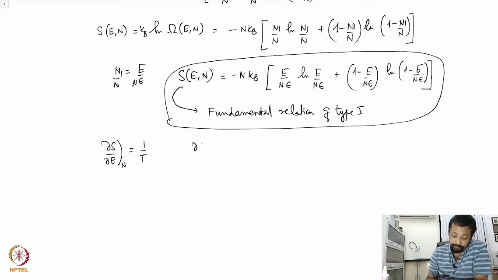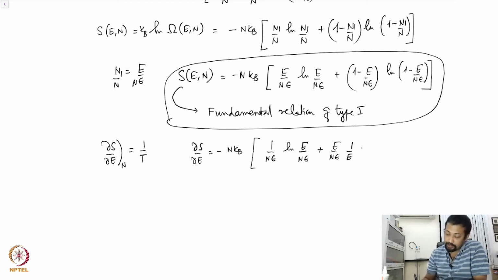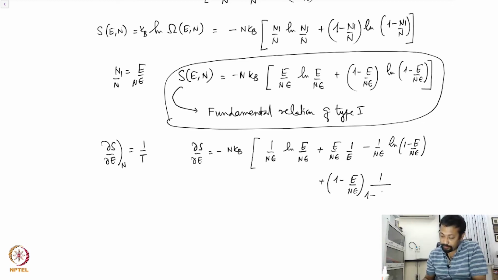So if we calculate the derivative, del S del E is going to be minus N kB [1 over N epsilon ln E over N epsilon plus E over N epsilon times 1 over E, plus minus 1 over N epsilon ln (1 minus E over N epsilon) plus (1 minus E over N epsilon) times 1 by (1 minus E over N epsilon) times minus 1 over N epsilon].